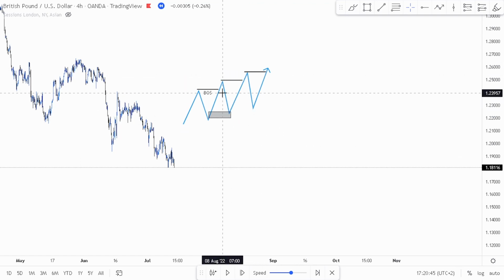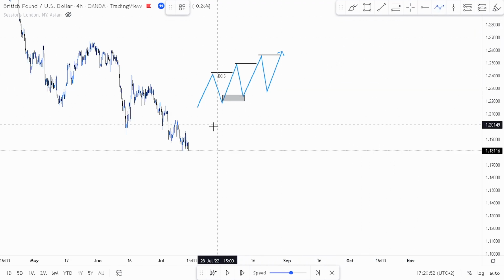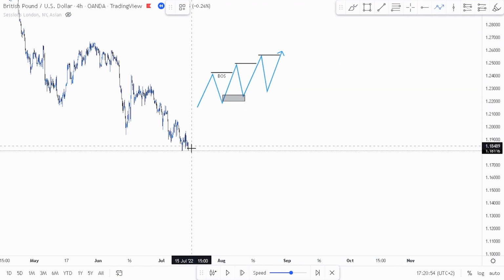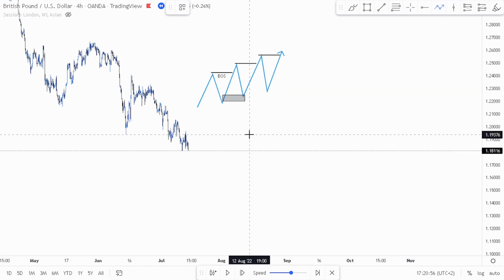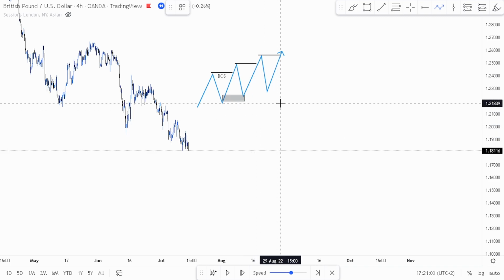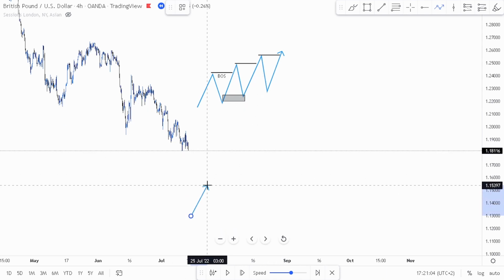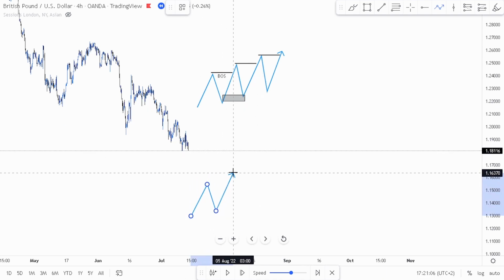So yeah guys, that is what we call a break of structure. Now let me get into a change of character. Change of character is very important for us to know, simply because it tells us when price is shifting from a bearish market to a bullish market, or vice versa. So let's say we are in an uptrend right over here.